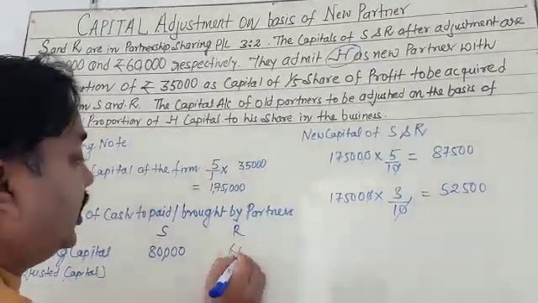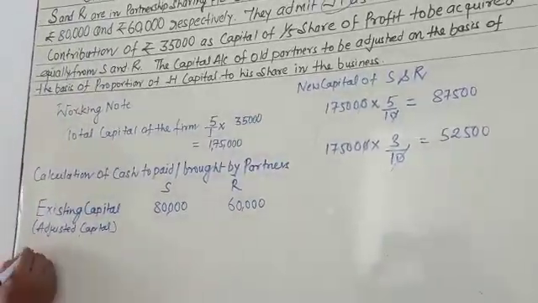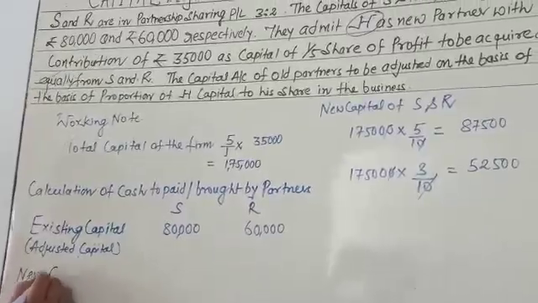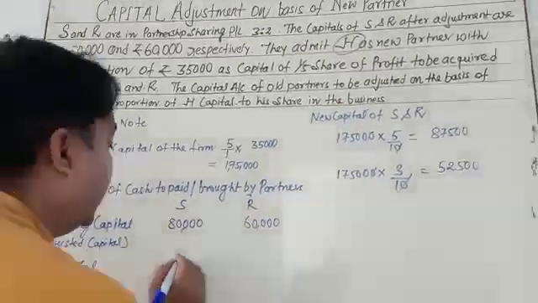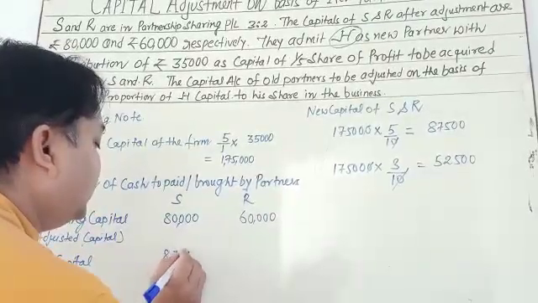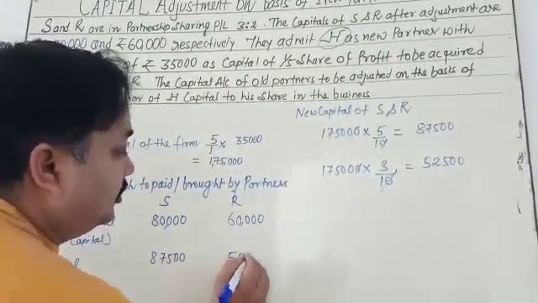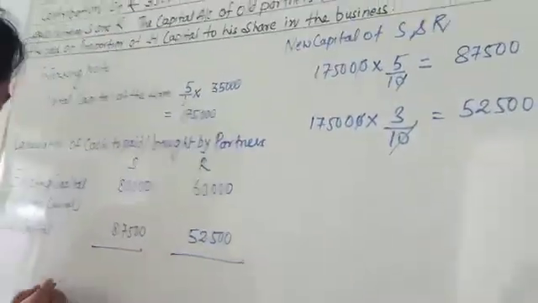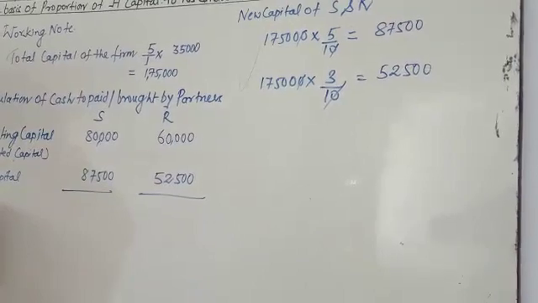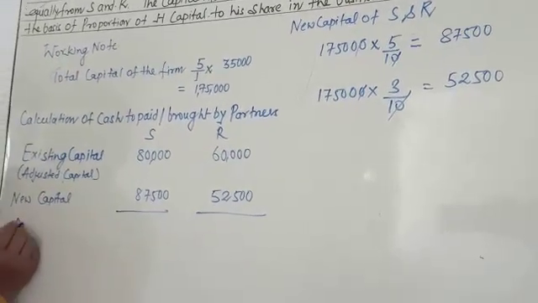Adjusted capital of R is 60,000. Okay, it is correct. Now you have to write the new capital. The new capital is 87,500 and R's capital is 52,500. In this situation, you calculate the difference.